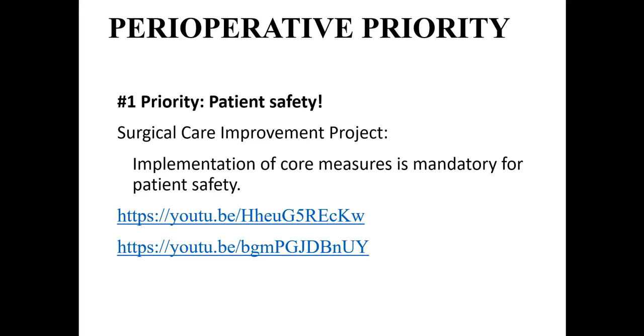Okay, when we assess a patient, it's going to be individualized. So they're going to have to identify the patient. So we need two patient identifiers, usually the name and the date of birth.